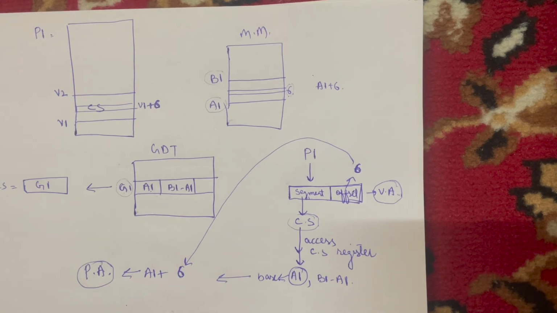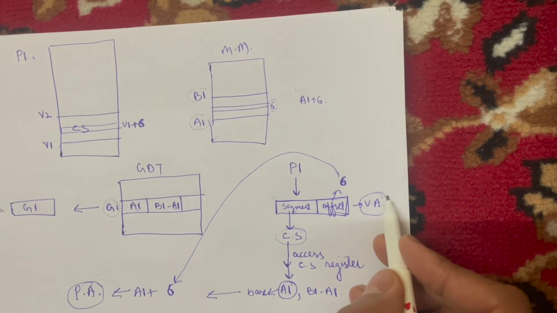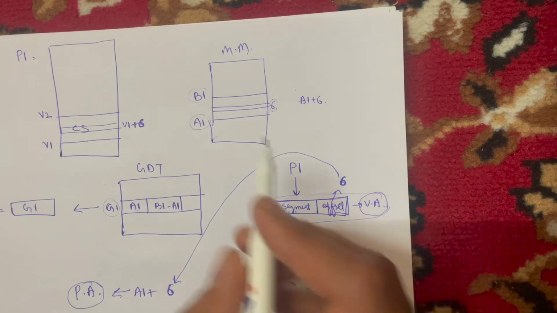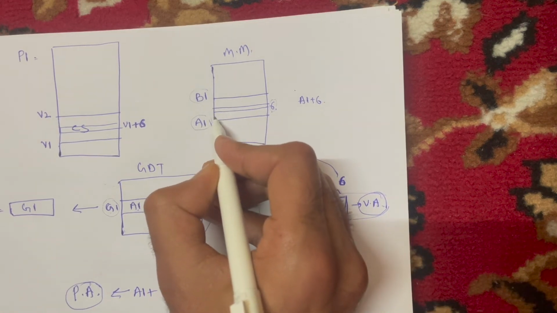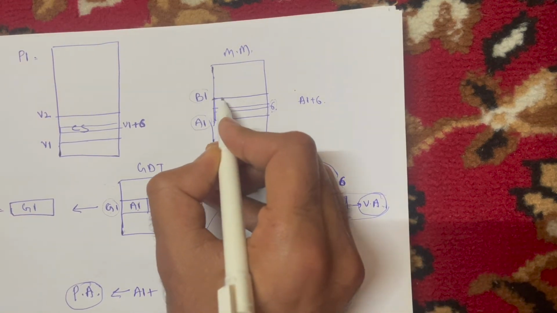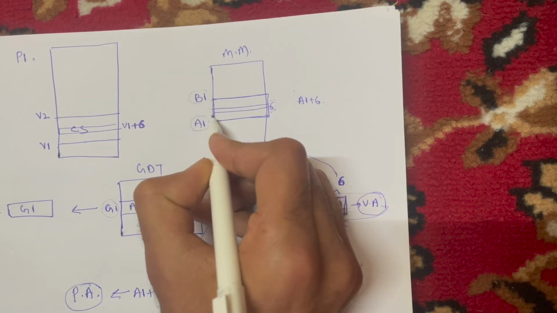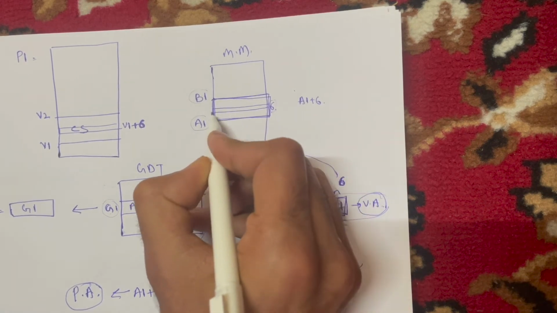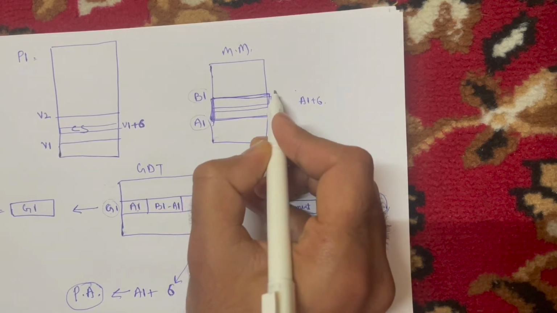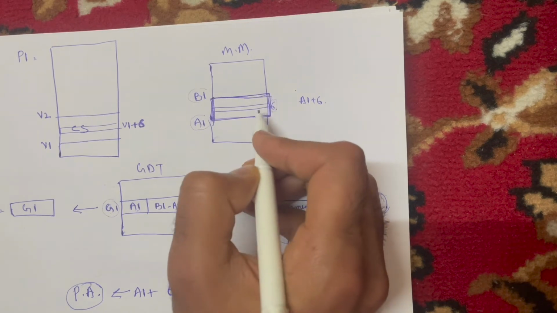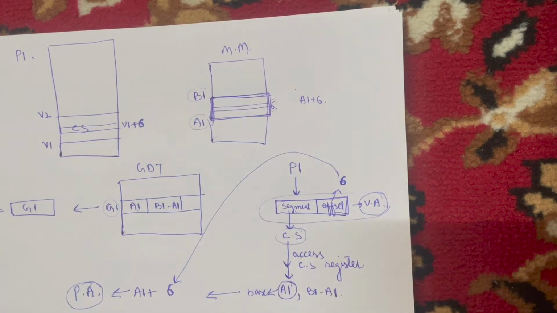Okay, and also we will check one thing, that the address it is trying to access should not go outside this particular limit. Because if I am going outside this limit, that means I may access the data segment or code segment of some other process.